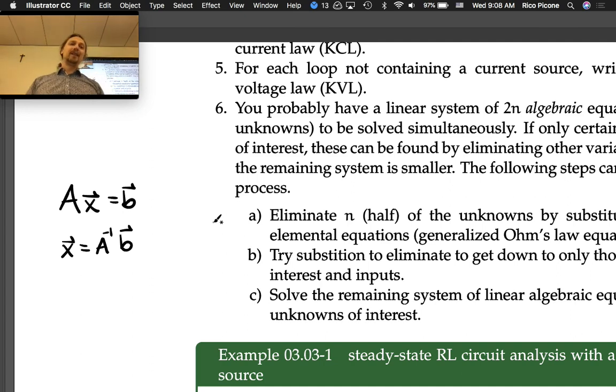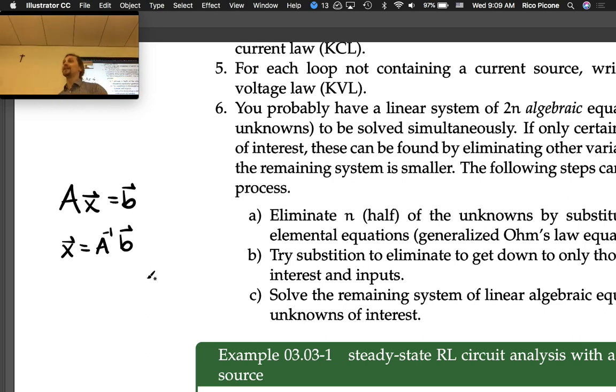So you could just write the A matrix, which is all your coefficients, and then B is everything that doesn't have a variable on the left-hand side. So your right-hand side will be a vector, and then just solve it like that. That's not the most efficient way to do it, finding the inverse, but using Gaussian elimination and back substitution is more efficient, for instance.